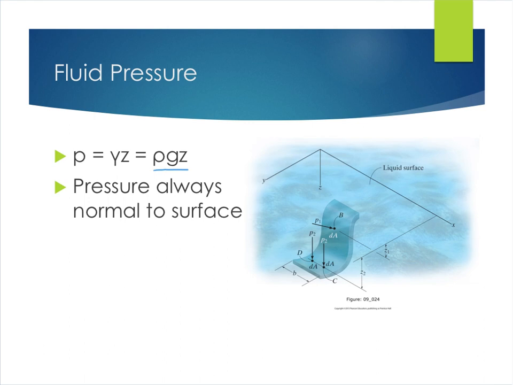Sometimes we shorten this, so the pressure, instead of just saying rho g z, we write it as gamma z, where gamma is just rho times g. So we're just combining those two.